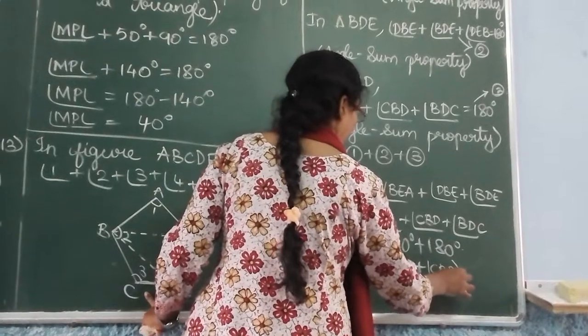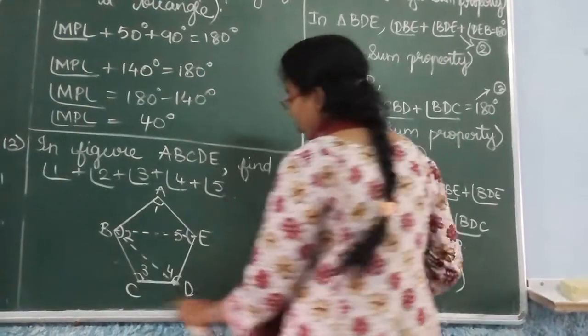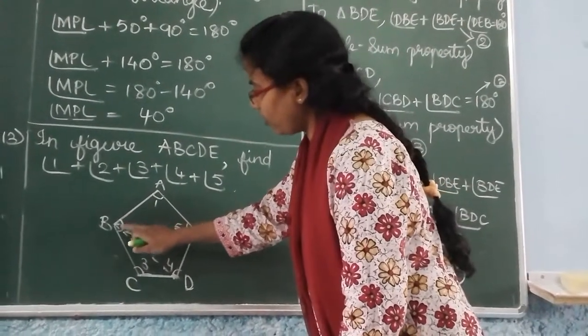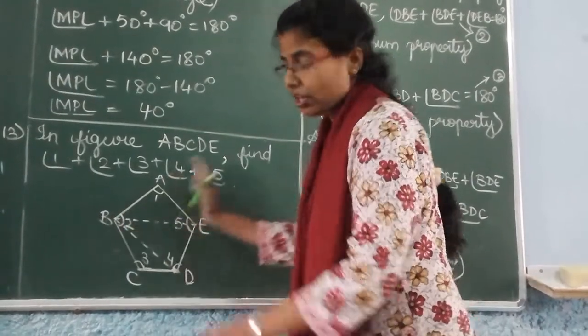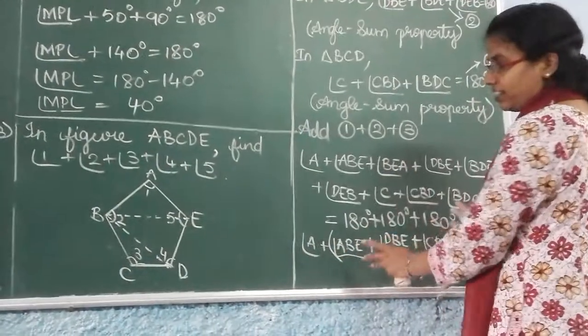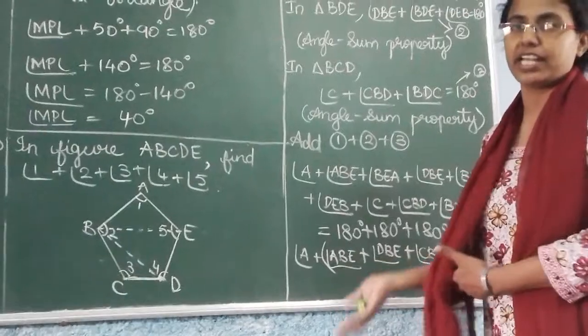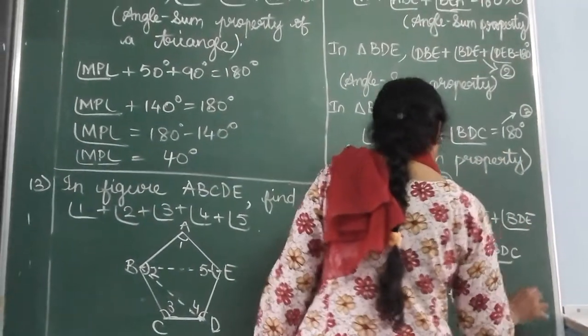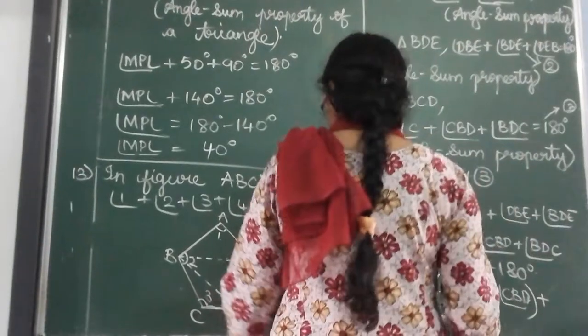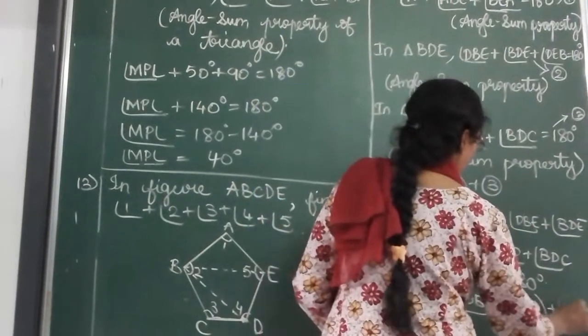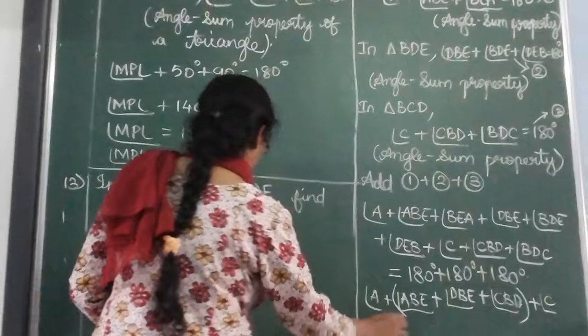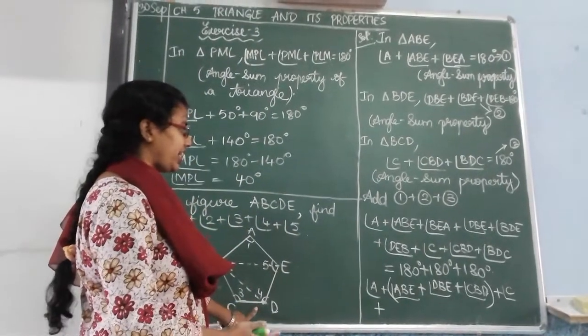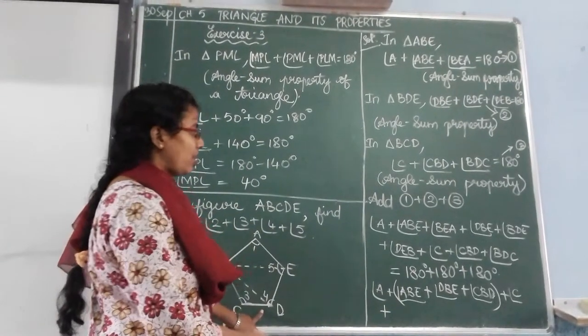What I am trying to do is write all these angle B terms on one side in one bracket so that I can represent it by writing angle B later on. Plus I have written angle C as it is.